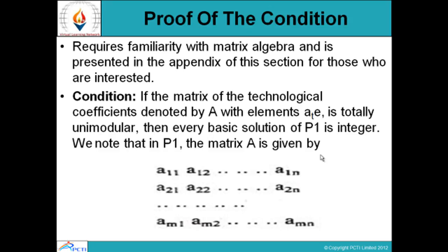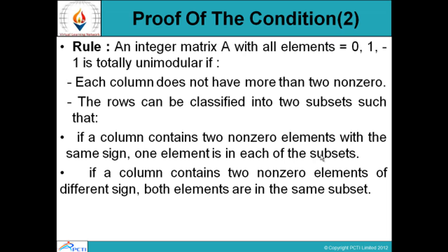We note that in P1 the matrix A is given by a11, a12 and so on a1n, a21, a22, a23 and so on a2n, and then am1, am2 and so on amn. Proof of condition 2.